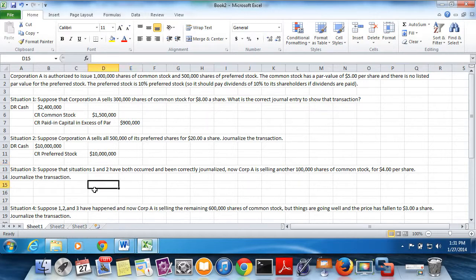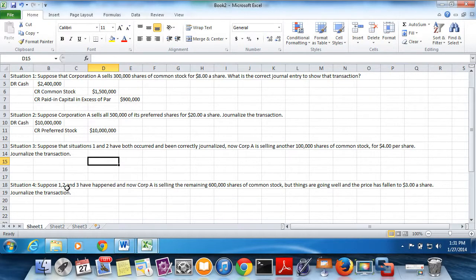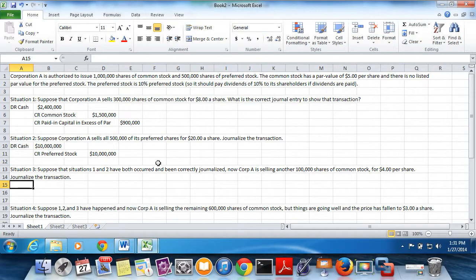So now we're assuming that all the stuff we've journalized so far has happened. So step 3 here, and I'll scroll back up so you can see the situation at the top if you want to refer back to that. These two things have already happened, and now we are selling 100,000 shares of common stock. Remember, we had 1 million to begin with.